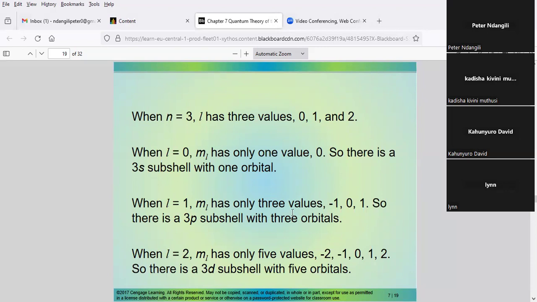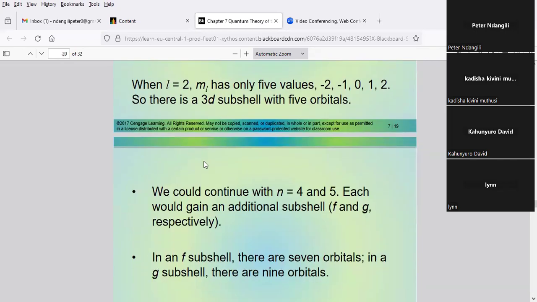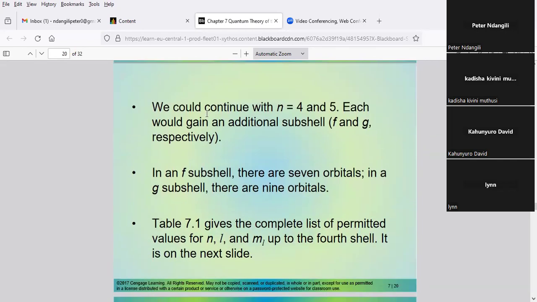In the previous slide, I only showed N is equal to 1, N is equal to 2, N is equal to 3. And for each of those values of principal quantum number, we were able to generate L values and the respective ML values. In this particular slide here, I'm saying that you can use the same approach to generate the same values for N is equal to 4 and N is equal to 5.